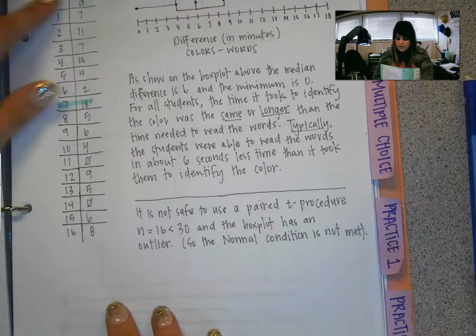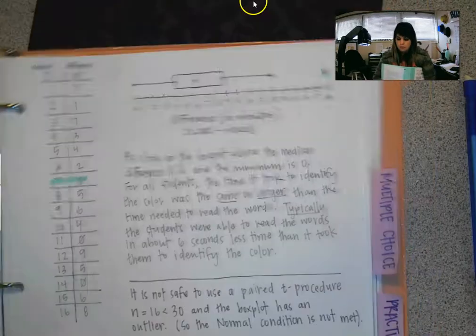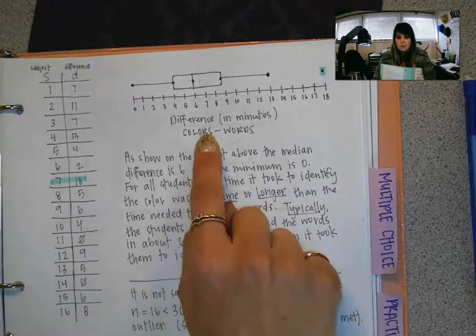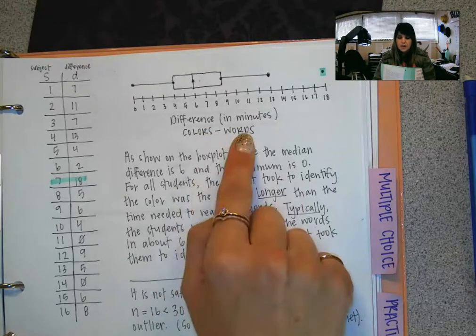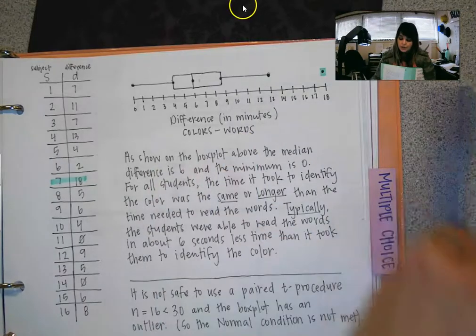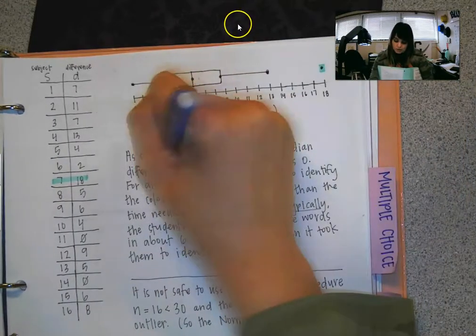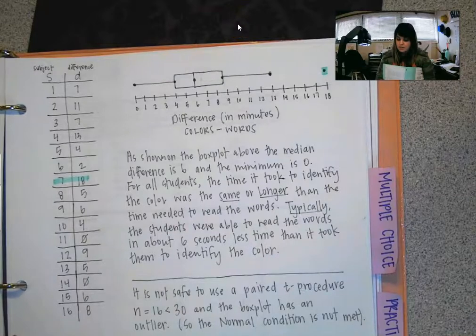So here's my difference. Notice on my graph, I've scaled and labeled. I've given the direction of my subtraction. As shown on the box plot above, the median difference is 6 and the minimum is 0.